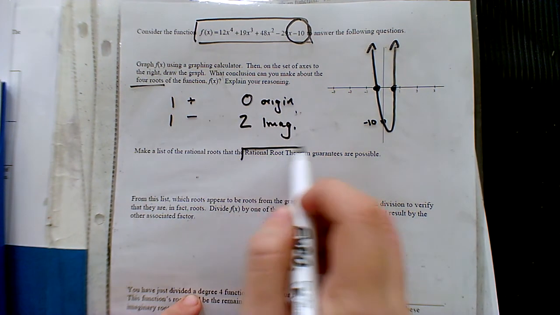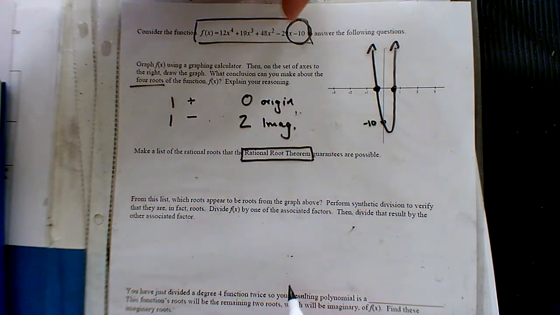All right, so let's go ahead and actually figure out what these x-intercepts are. We're going to start with the rational root theorem. That's going to help us develop a list as to where the fractional ones are located. Let's see, we need factors of -10 divided by factors of 12.